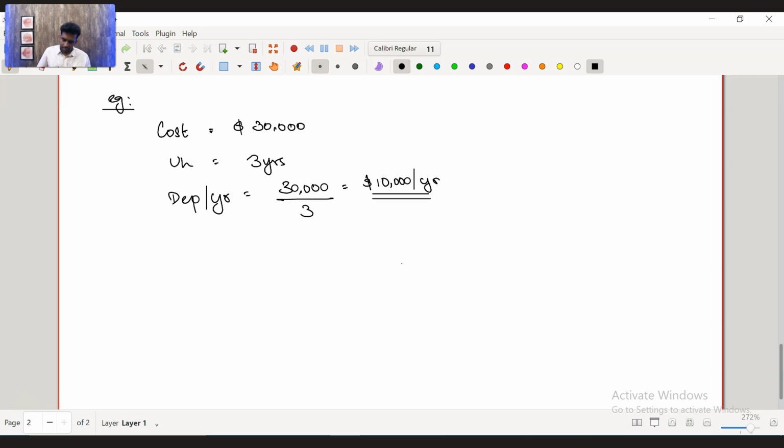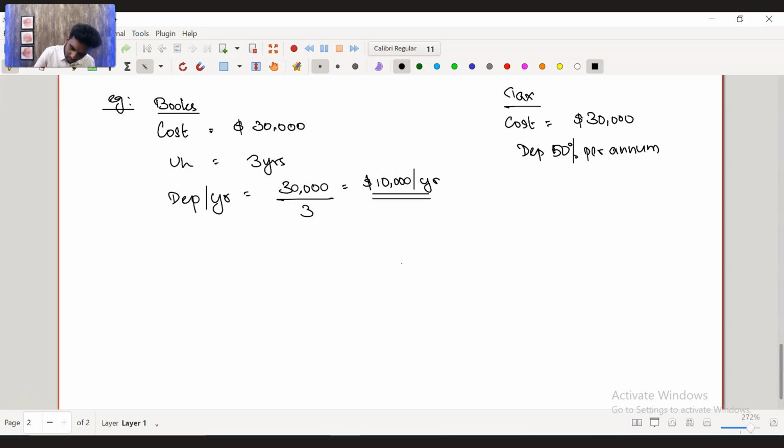This is as per your books. Now as per tax, they accept this particular machinery with the same cost, but they are saying that depreciation should be 50% per annum.